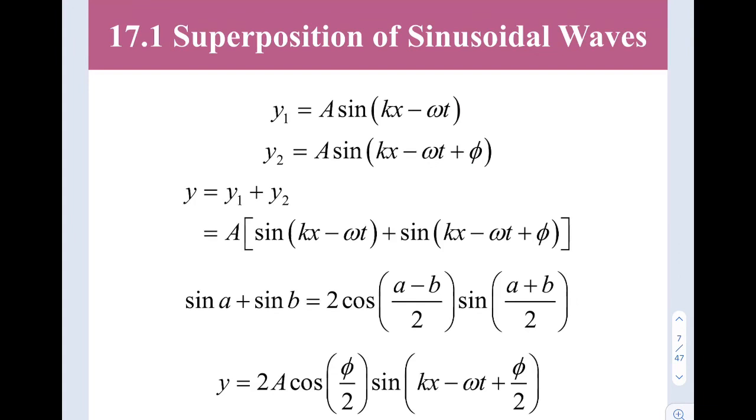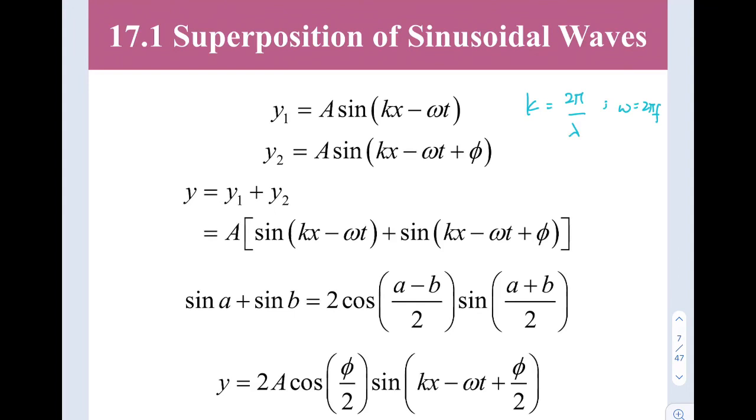For sure, they are received at point Q at different times because of the different path lengths taken. As usual, k is equivalent to 2 pi over lambda, and omega is equivalent to 2 pi f or 2 pi over T. And phi is the phase constant as discussed in section 16.2.